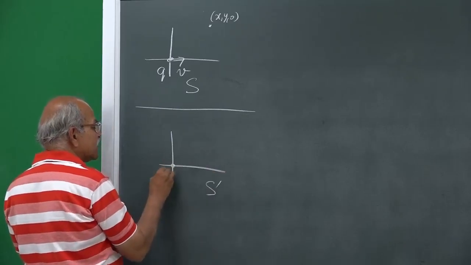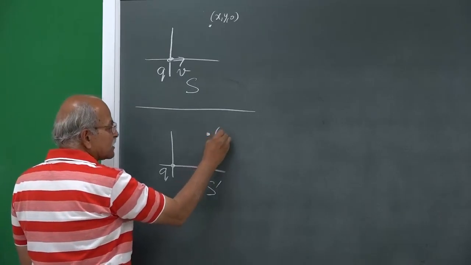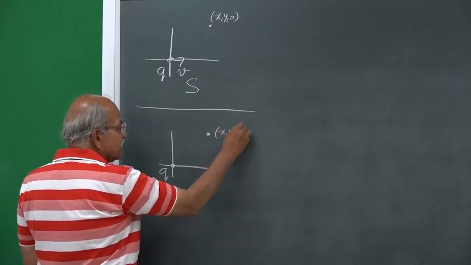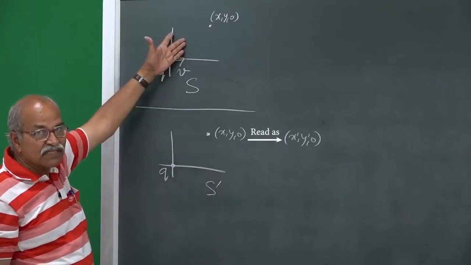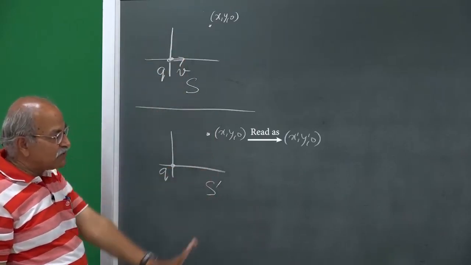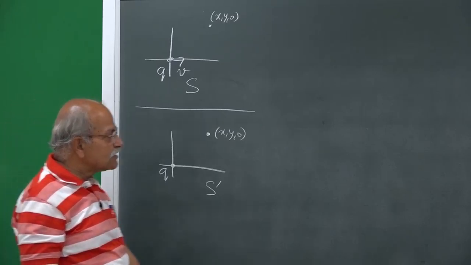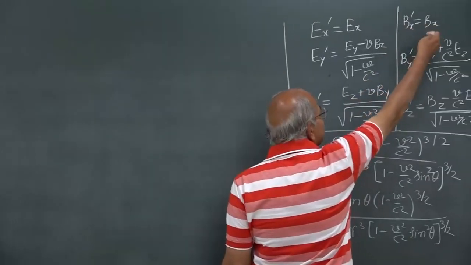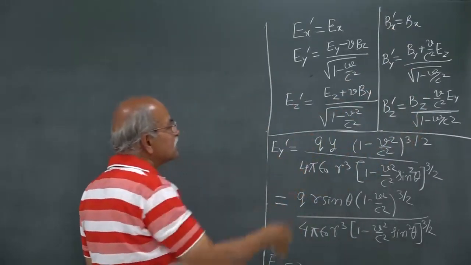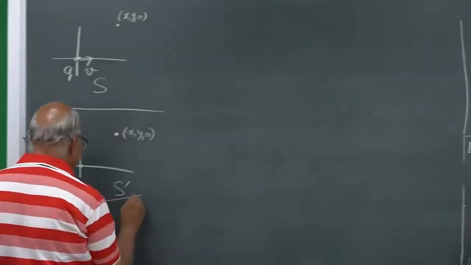The charge q is placed at the origin, that is it, and therefore we know what is the electric field, what is the magnetic field here, and then from here to here we make the transformations. So, electric field we have already done and magnetic field we have to do. So, the magnetic field equations are here, Bx prime is equal to Bx and all that, and we will be using the inverse. So, let me write those equations first.